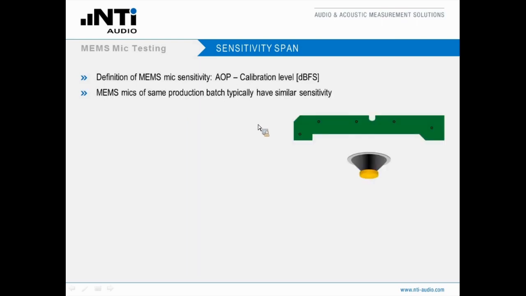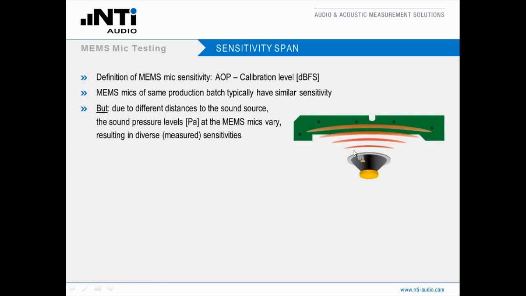Let me go a little bit deeper into this topic. You remember the definition of the MEMS mic sensitivity was the AOP minus calibration level. So within a production batch, you typically have similar sensitivities of the MEMS microphones. However, when you place them on a substrate like you can see here, a widespread array that is not symmetric, you have different distances from these MEMS microphones to our test signal source.